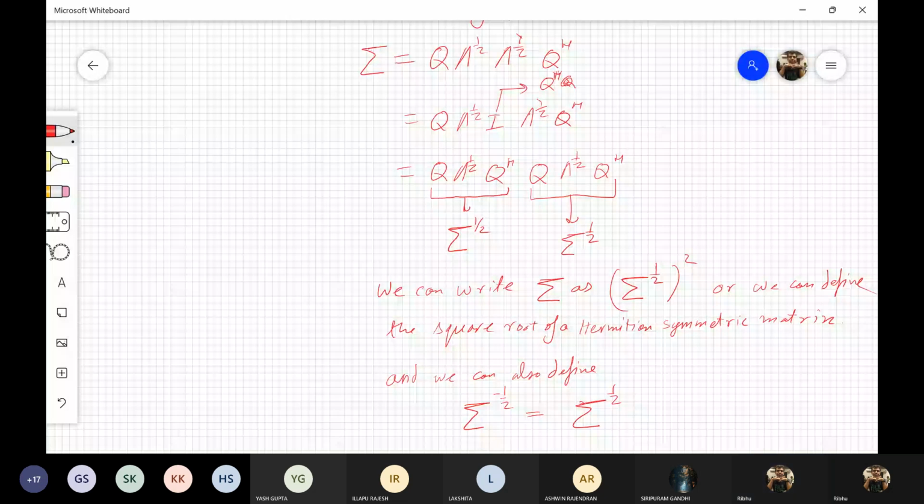Now Q inverse equals Q Hermitian, that we know.